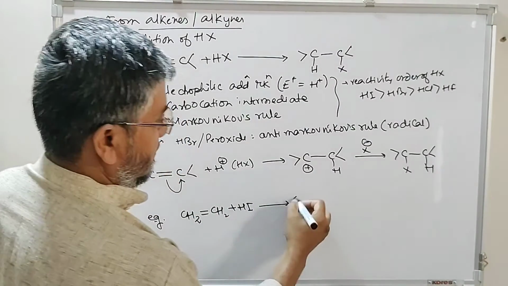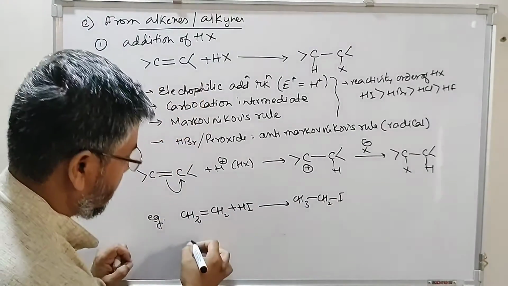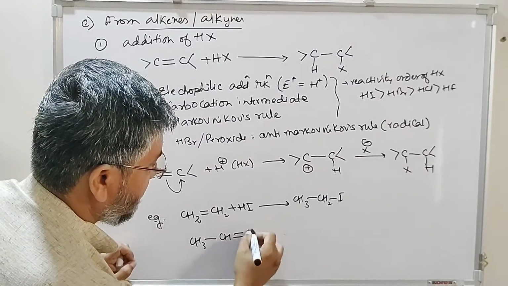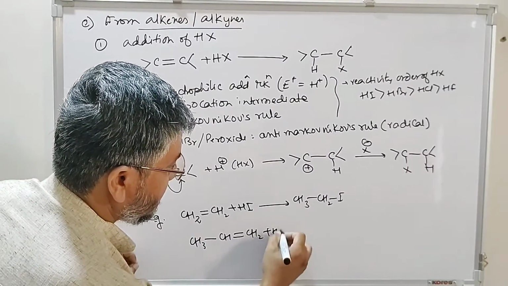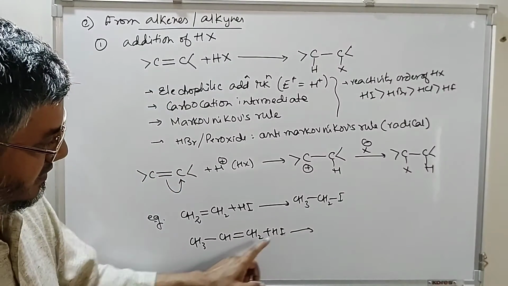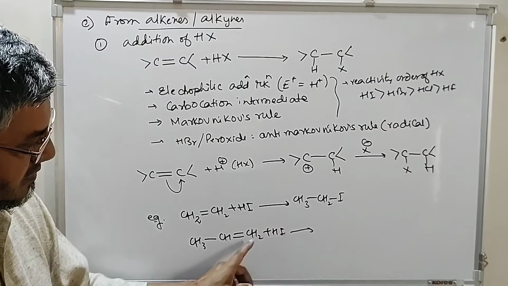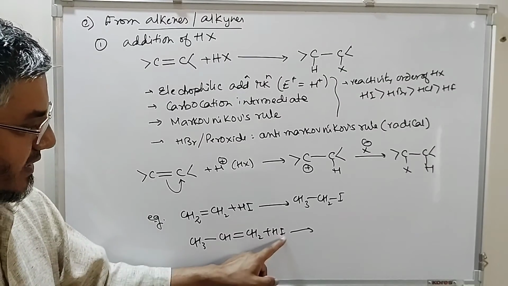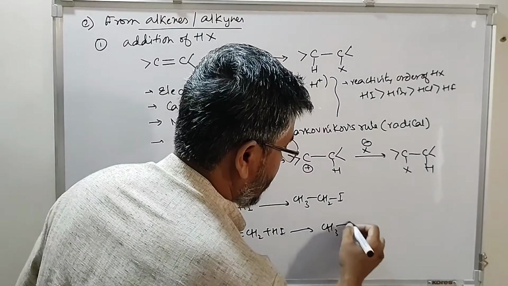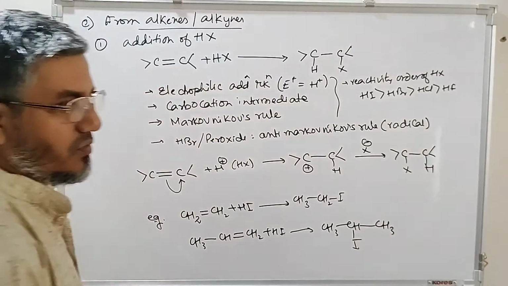This gives you CH3CH2I. Now CH3CH double bond CH2 with HI. Look at this, Markovnikov's rule: positive part goes to carbon with more hydrogens, negative part to carbon with fewer hydrogens. CH3CHICH3, that is Markovnikov's addition.